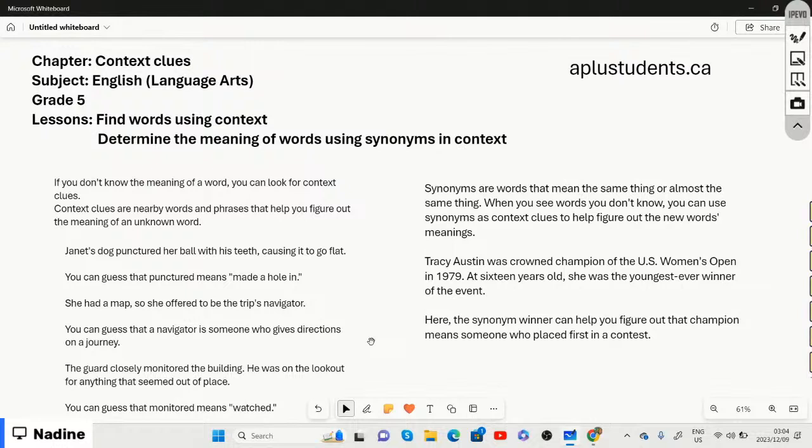Our subject is English language arts, grade 5. And the lessons that we are going to be focusing on today under the chapter of context clues are to find the words using context and to determine the meaning of words using synonyms in context.